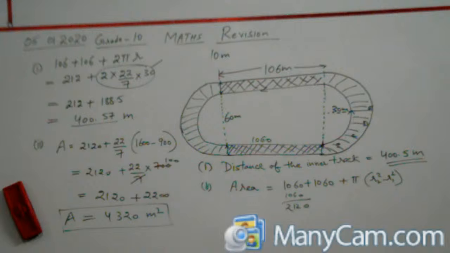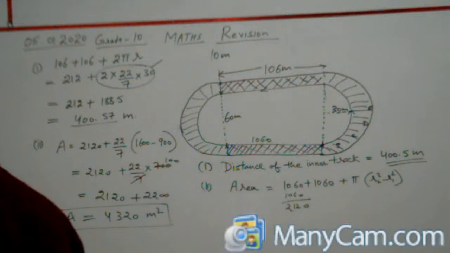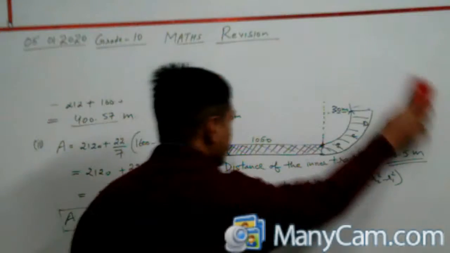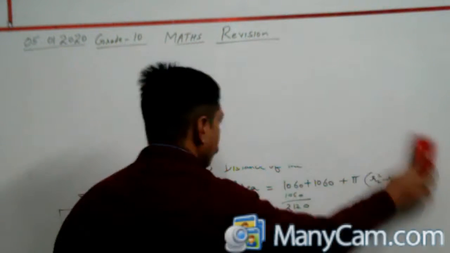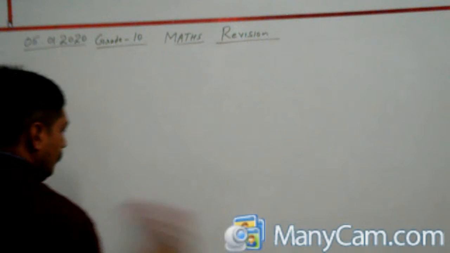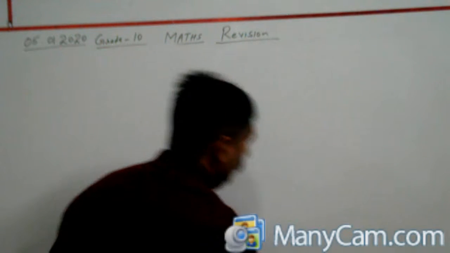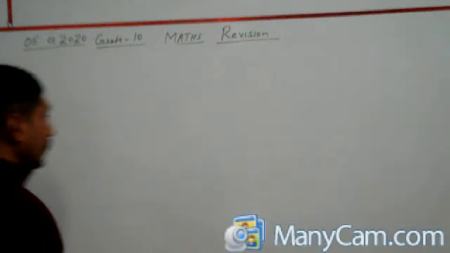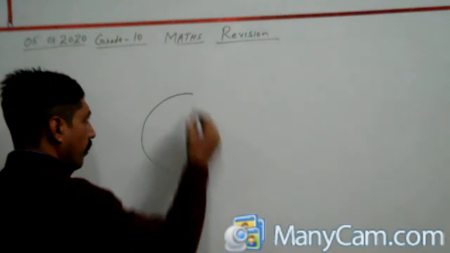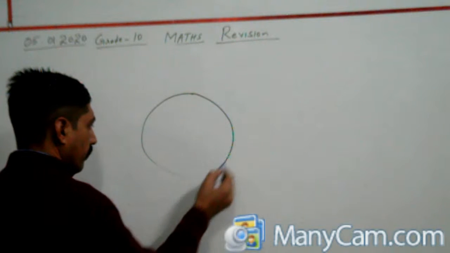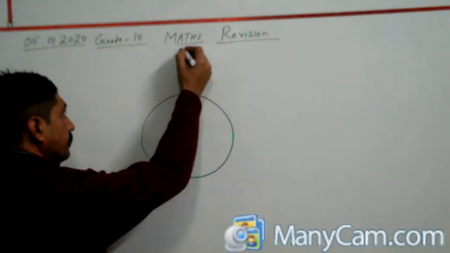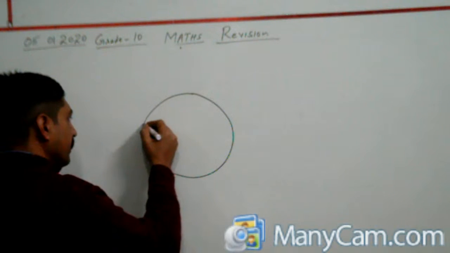One more question, Kavya Turhan is asking about the pair of tangents. Whatever I have understood, if we have a circle, right, and we have a tangent here, right?